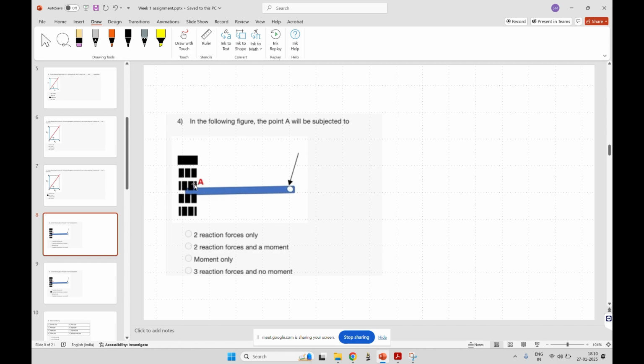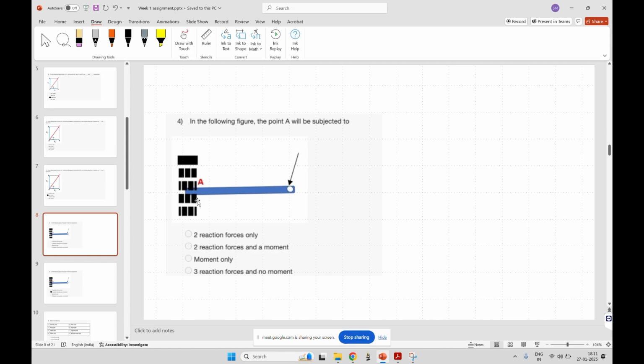Next, in the following figure, what are the forces that a point A will be subjected to? So this is the applied force, and A is a sort of a cantilever. So it's stuck into the wall.